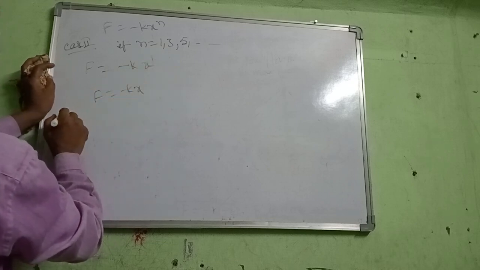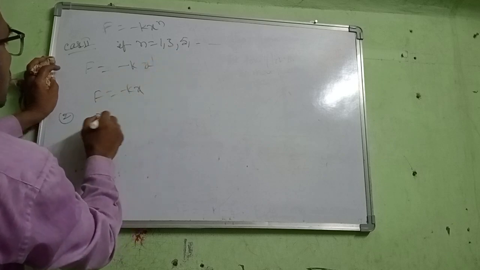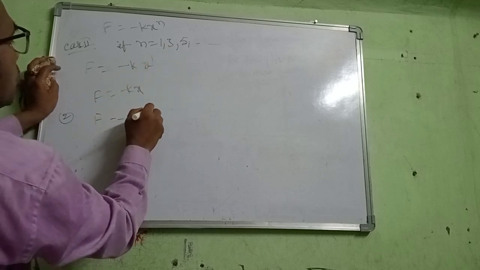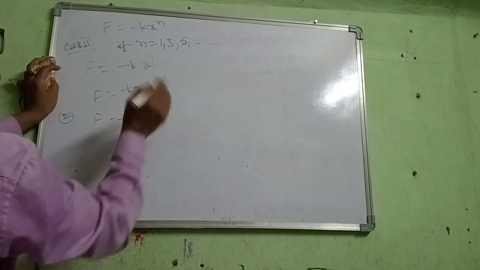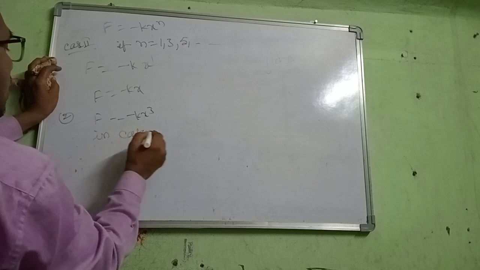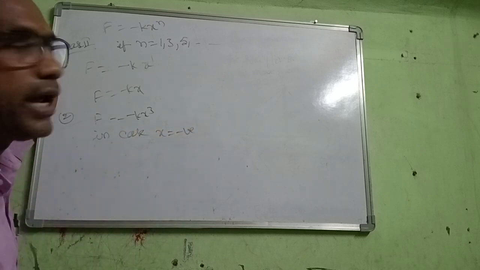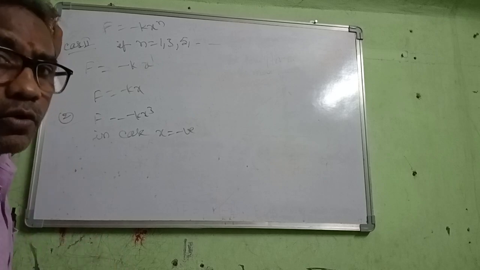Second example, n equal to 3: f equal to minus kx cube. In case x, I am taking x negative, means displacement negative.